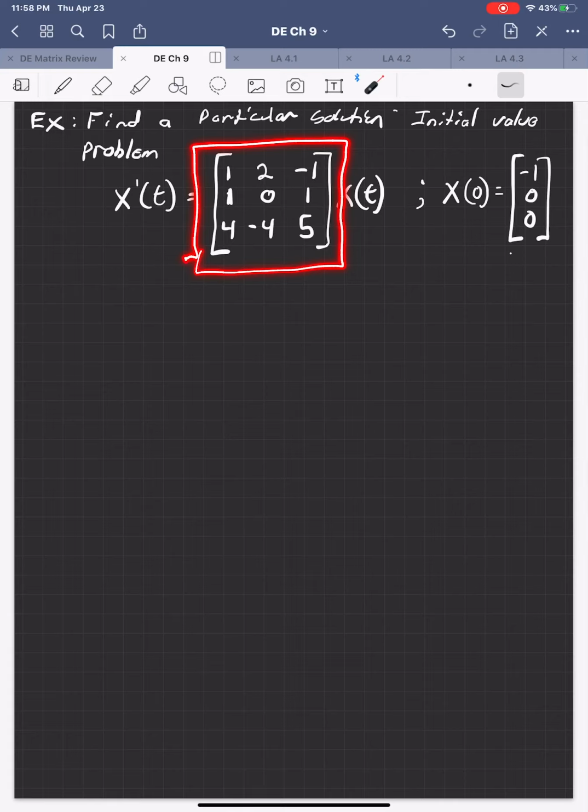Notice that this is a 3 by 3 matrix that you would have to take the determinant of to find the eigenvalues. If I ask you to find eigenvalues in order to get to the solution, it will definitely be a 2 by 2 matrix, because of the scope of time that we have. I'm not going to ask you to do anything more.